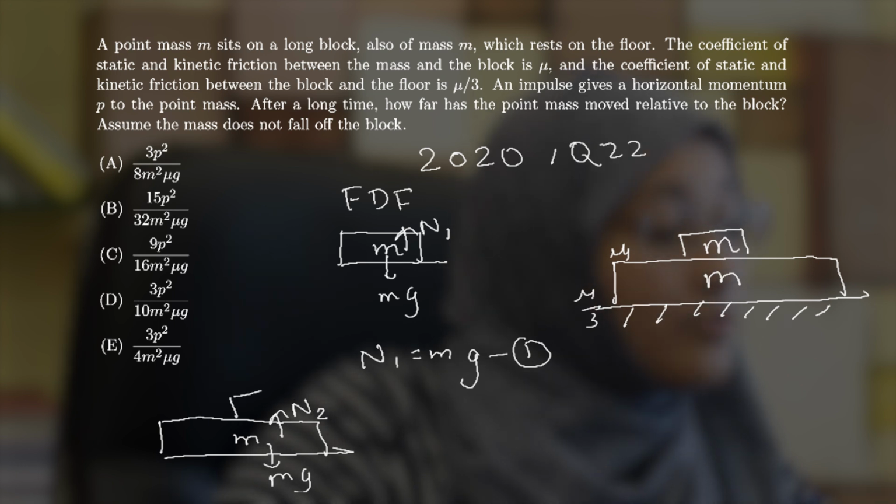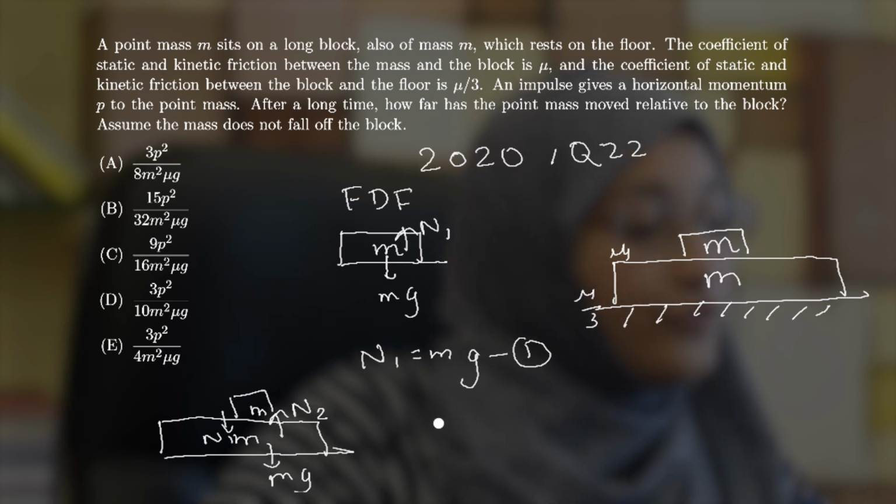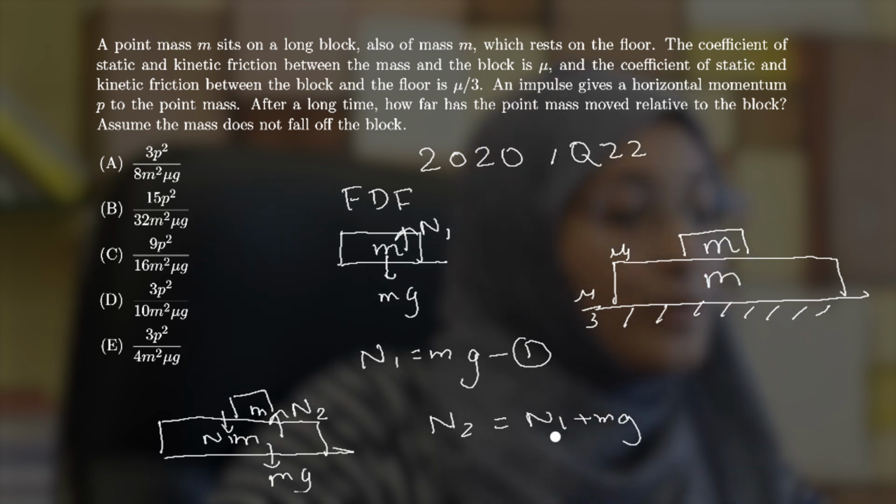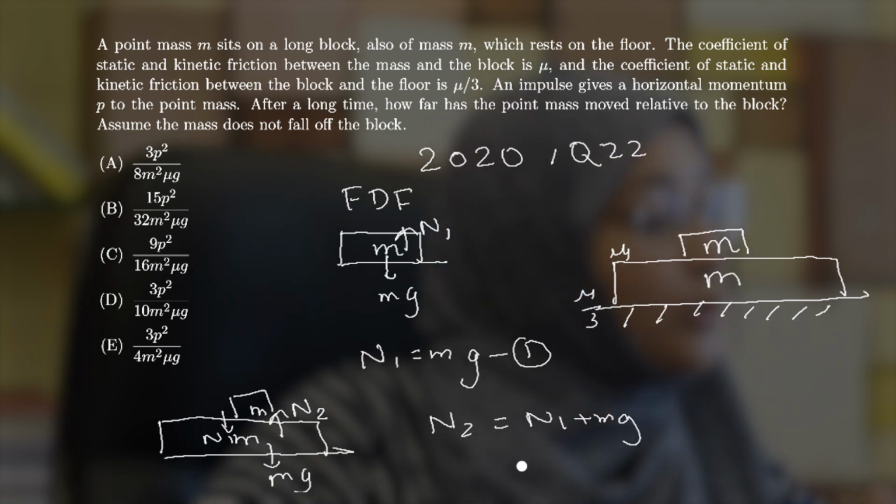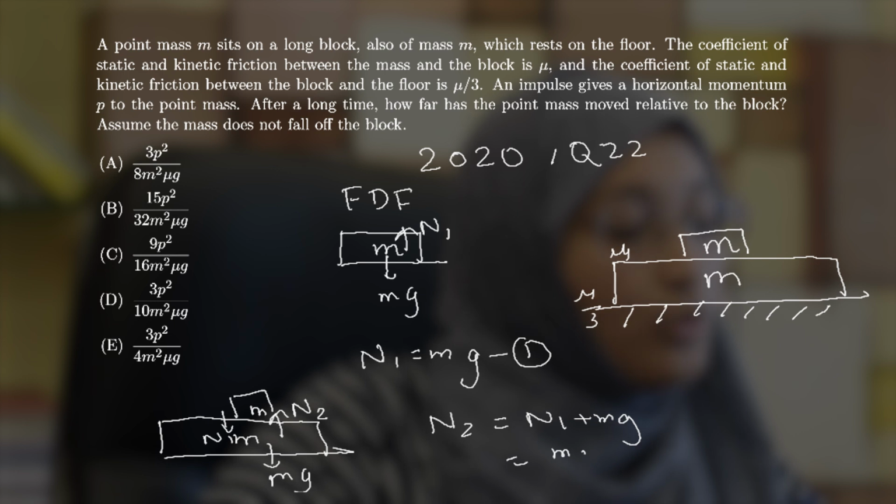But here, since a small block is also on top of that block, an equal normal reaction force will be applied in the downward direction, which is equal to N1. So from here, we get the equation N2 is equal to N1 plus mg. And from equation 1, we already know the value of N1, which is mg, so N2 is mg plus mg. So N2 will be equal to 2mg.